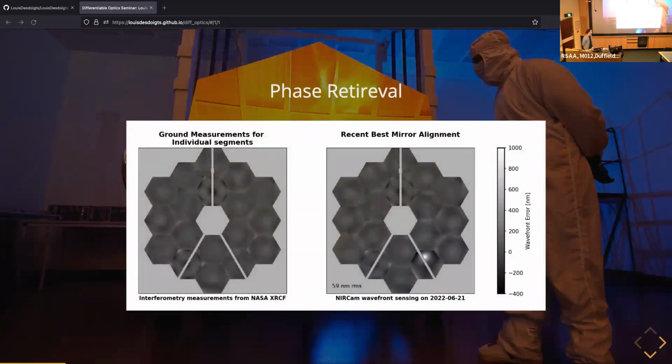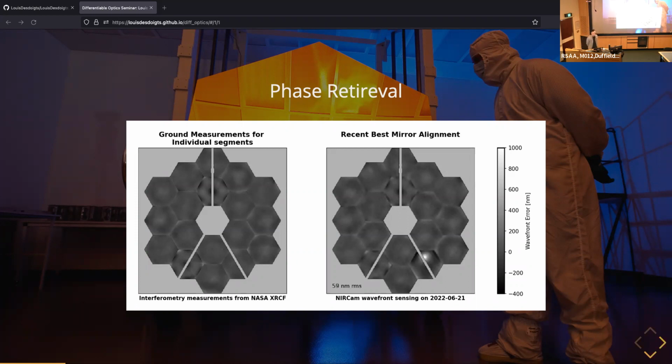As a lot of you will recognize, this is the James Webb Space Telescope primary mirror. What this is actually looking at here is a phase map. One of the big things they need to do in order to align the segments is to measure those phases on the individual mirrors so that you get a nice point spread function.